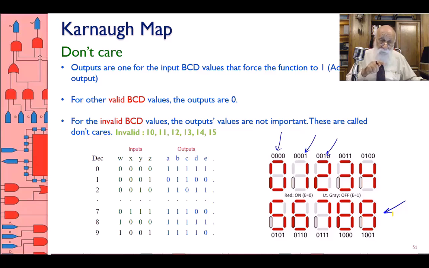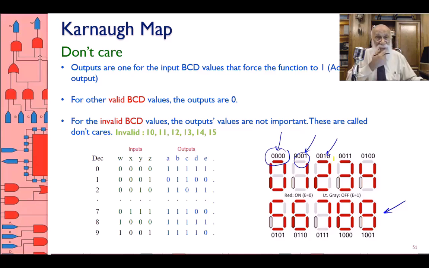Now, let's look at individual outputs. For example, segment A. Segment A is 1 for 0000 input. Segment A is 0 for 0001 input. Segment A is 1 for 0010.